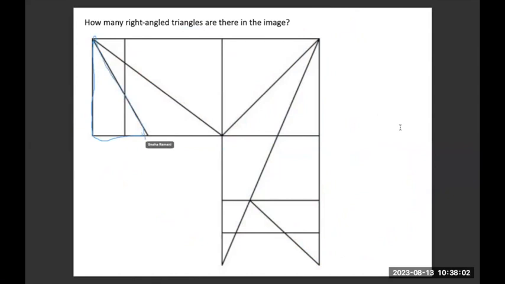1, 2, 3, 4, 5. 1, 2, 3, 4, 5. It's a different color. 6, and then 7.